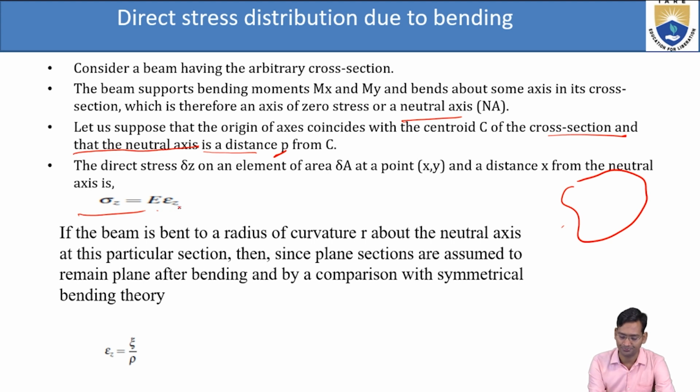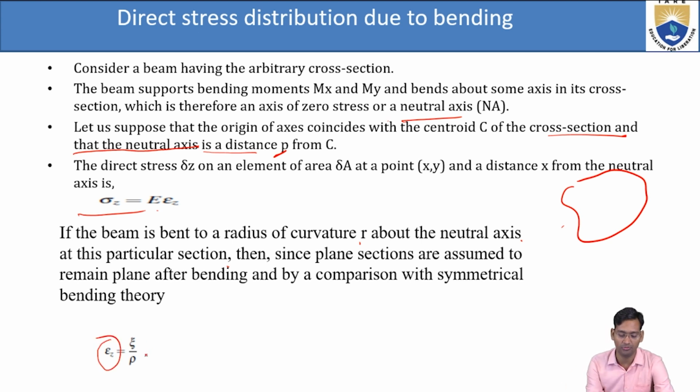If the beam is bent to a radius of curvature r about the neutral axis at this particular section, since plane sections are assumed to remain plane after bending, the first assumption itself. The neutral plane remains plane after bending, and by comparison with symmetrical bending theory, epsilon z equals zeta by rho.